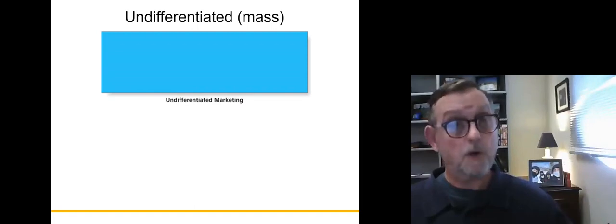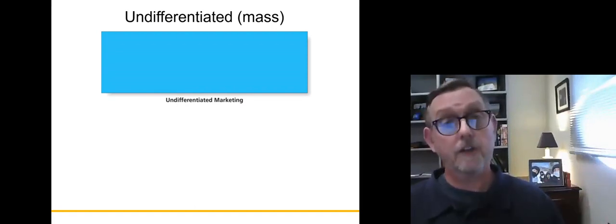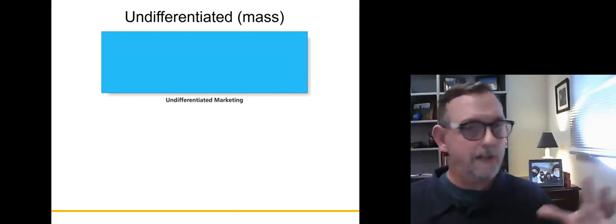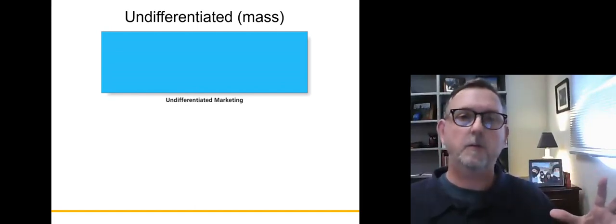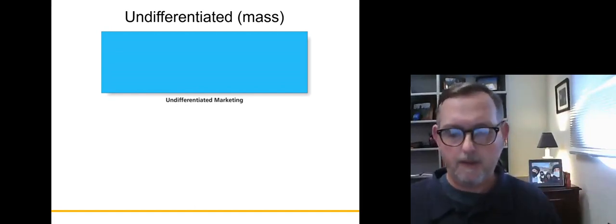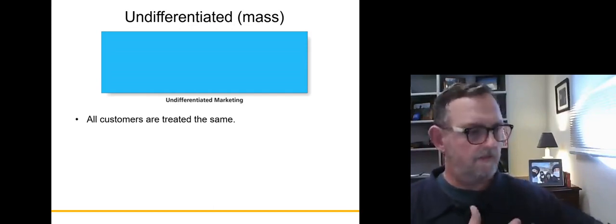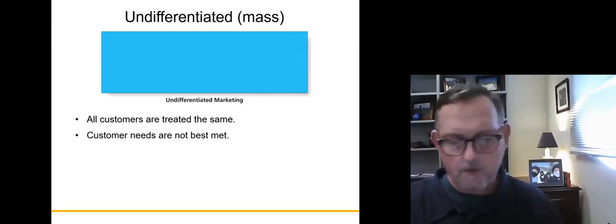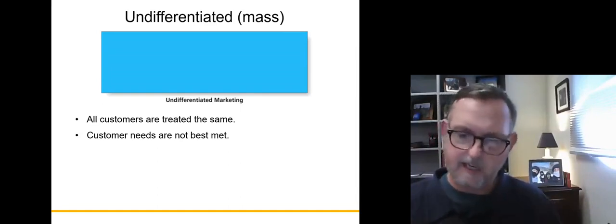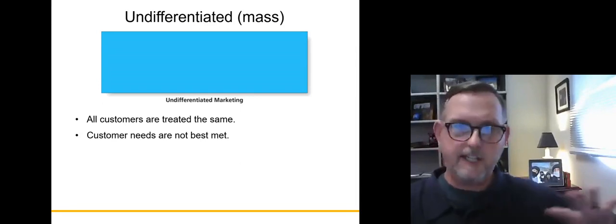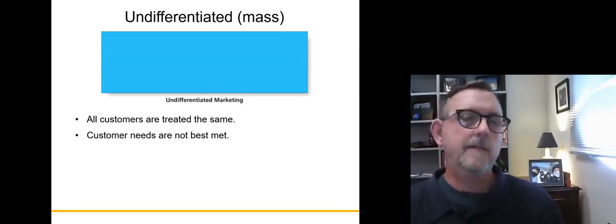The last strategy is mass marketing, or what's called undifferentiated, meaning that we don't really treat customers differently from each other. We treat them all the same. And so as a result, we're going to have the same products, the same communication schemes, the same pricing strategy, and everybody's going to be treated the same.